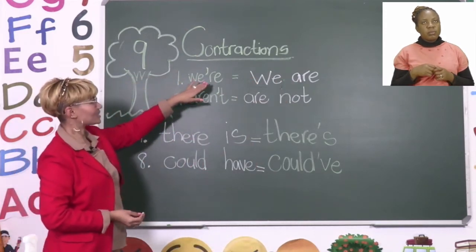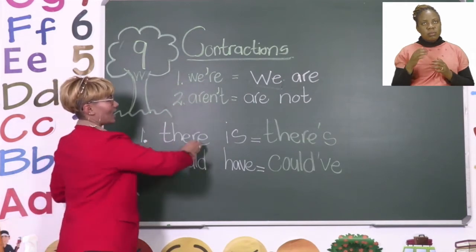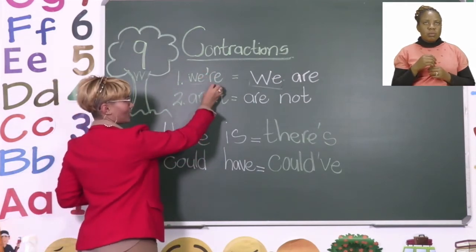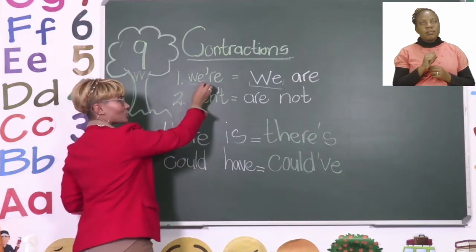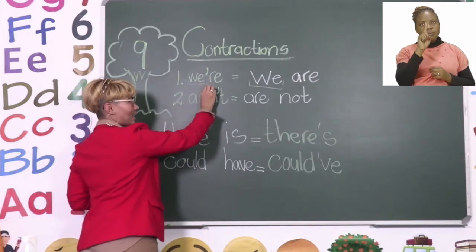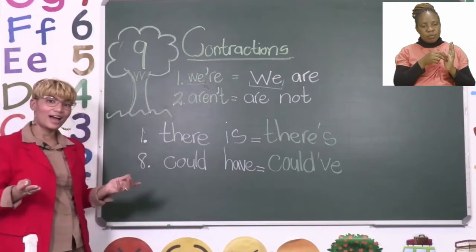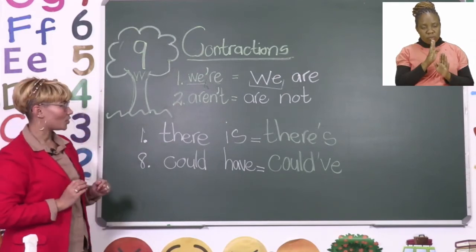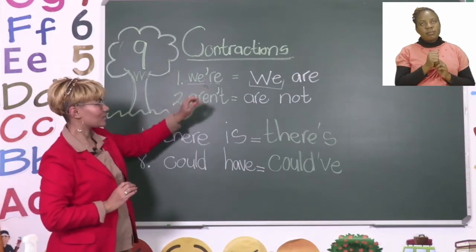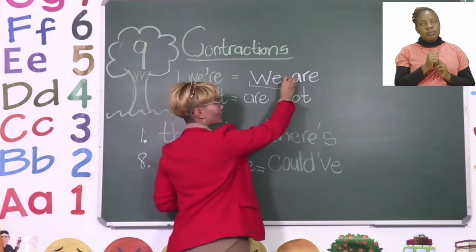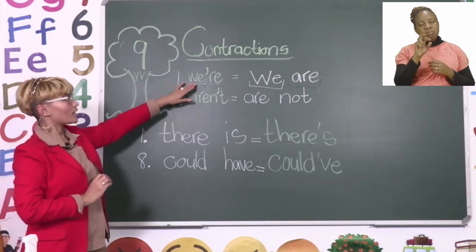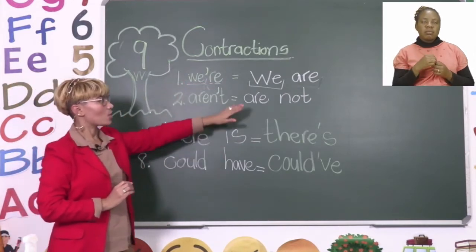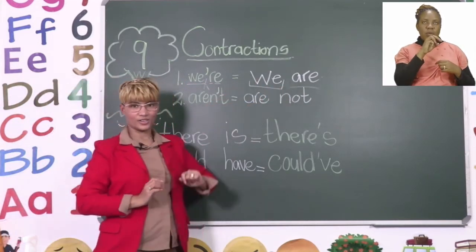And in the next part you have an apostrophe, an R and an E. So this actually means that a letter was left out. So in this case, it means it's the word are. So we are.